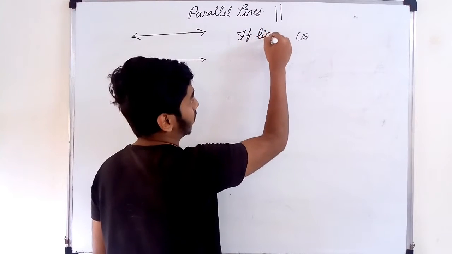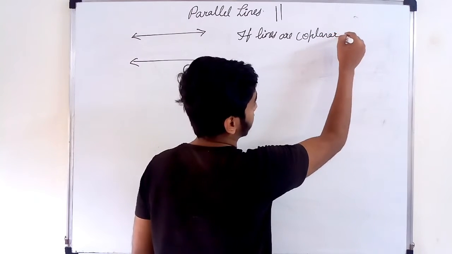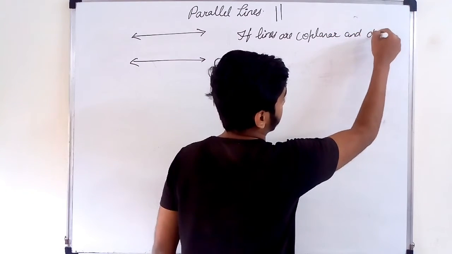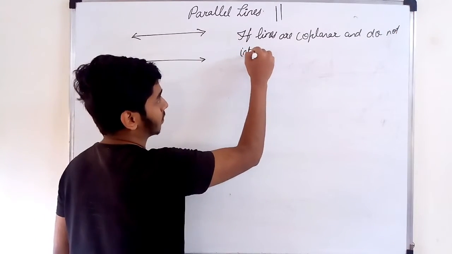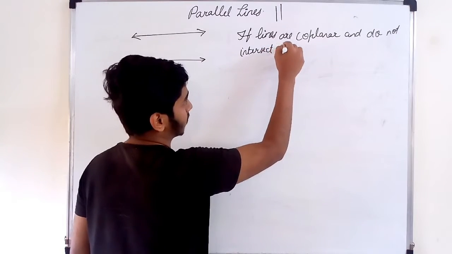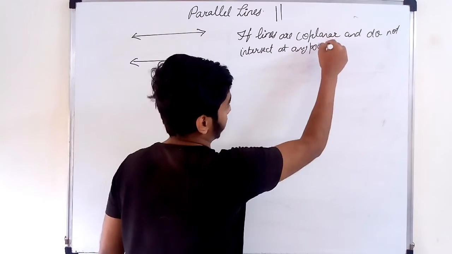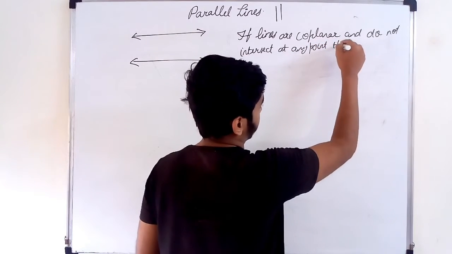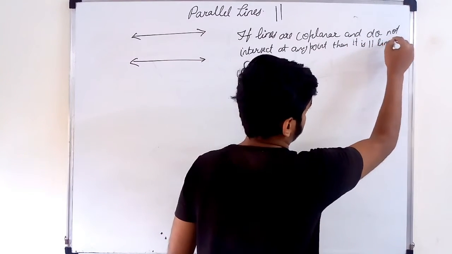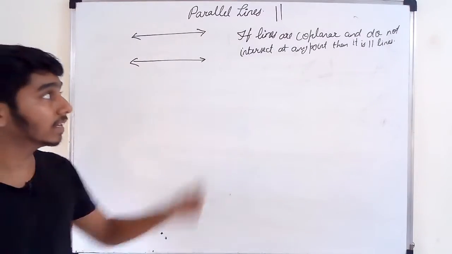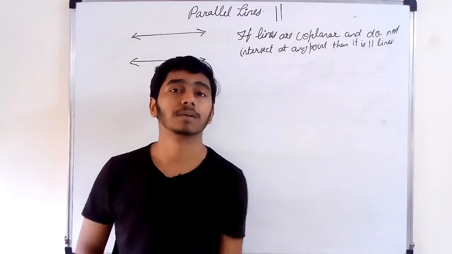If lines are coplanar and do not intersect at any point, then they are called parallel lines.